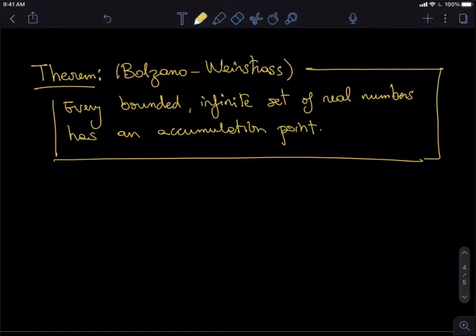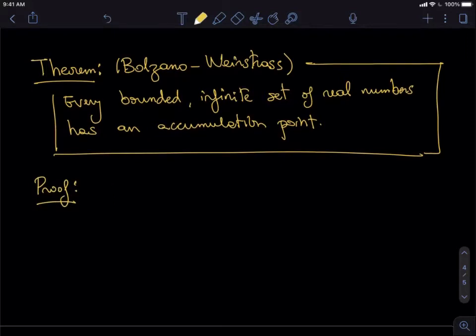Now, the proof is similar to what we did for the Heine-Borel theorem. What we are going to do again is to show that there is a clever set P and then use the least upper bound property of the real numbers. So let's give number names here.